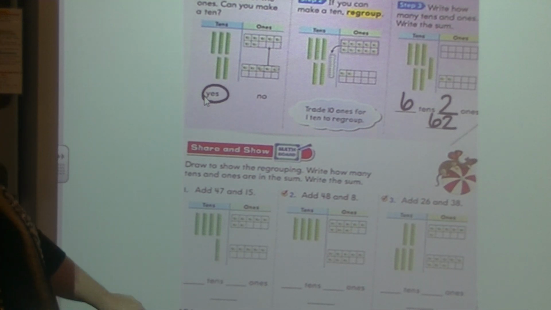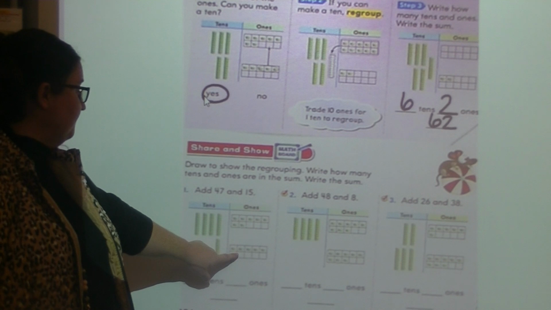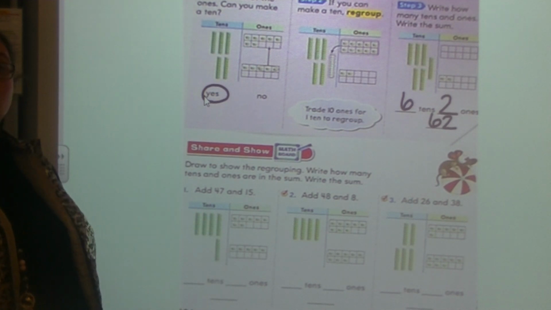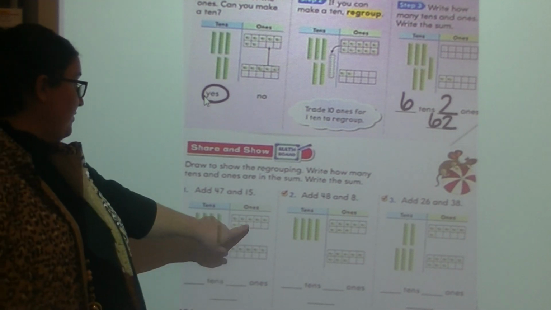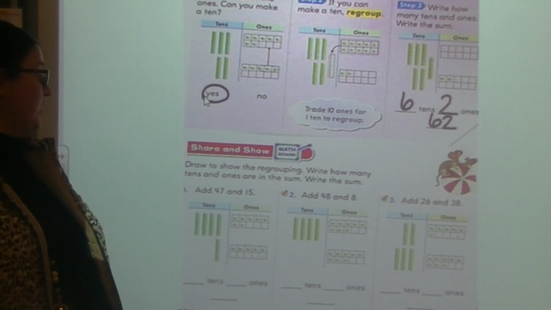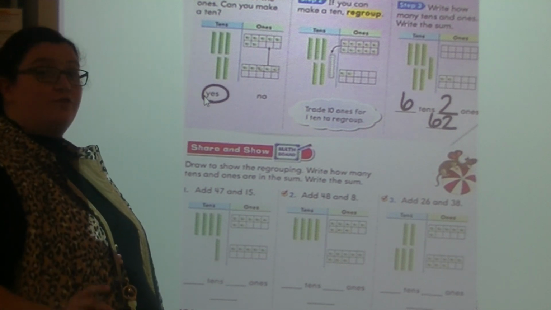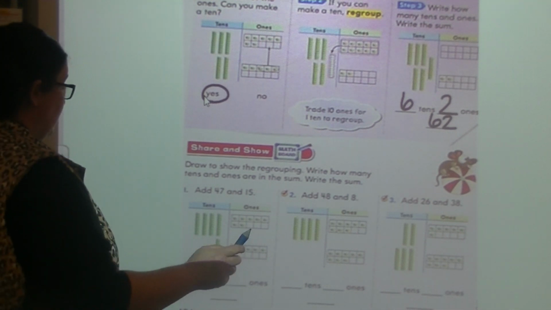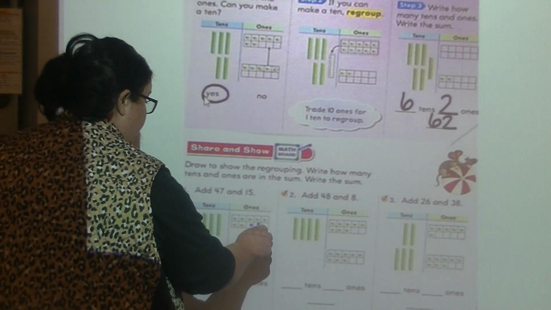All right, boys and girls, let's look at it. Do we have enough to regroup? Yes, we do. How many do we need to move up? 3. So put 3 blocks in.